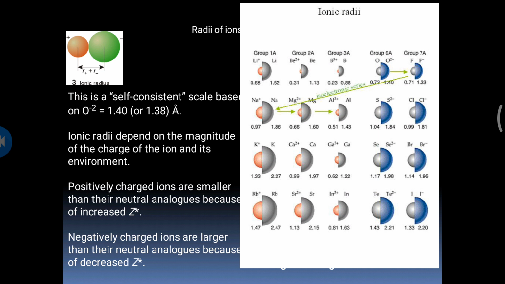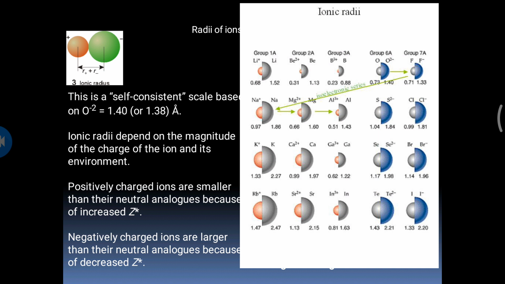effective nuclear charge. Ionic radii in a period: lithium metal. In its neutral form, its atomic radius is 1.52 angstrom. If it loses one electron to form a lithium plus ion, its ionic radius decreases to 0.68 angstrom.